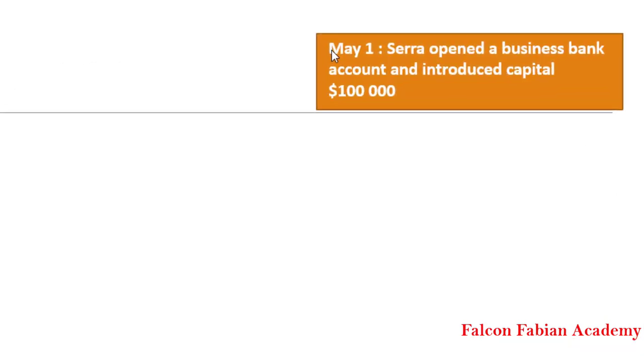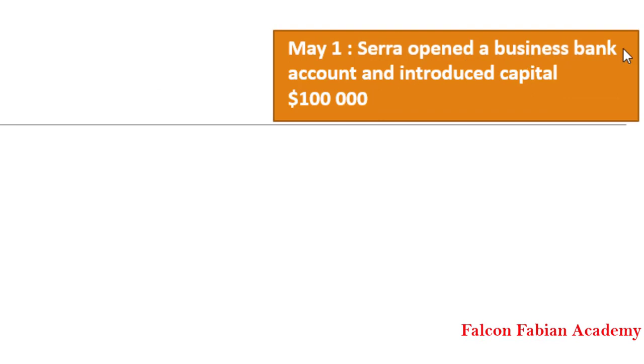So the transaction is May 1, Sarah opened a business bank account and introduced capital worth 100,000. So the first step is read the transaction. So we've read the transaction, but while we are reading the transaction, we also have to identify which are the two accounts involved.